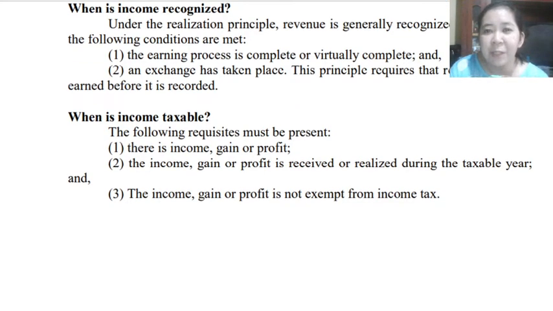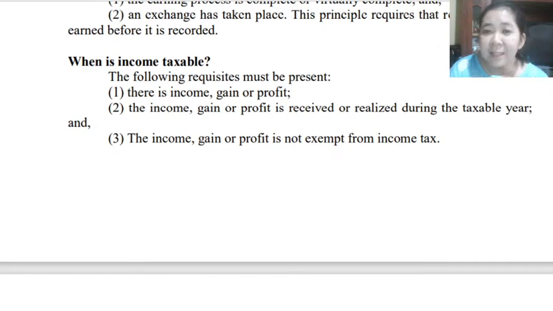So the question is, when is your income taxable? So we also have here the requisites, okay, that must be present before an income will be taxable. First, there is income, of course. So any gain or profit or salary compensation and the others or the like.